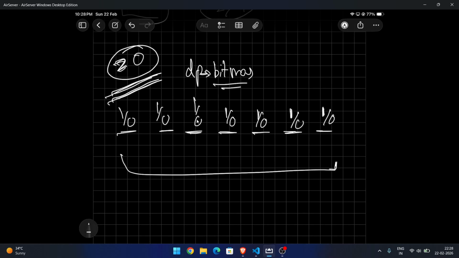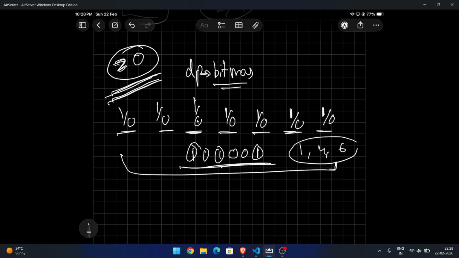This would give us a binary number for every configuration. If you want to take the first, fourth, and sixth people, then the position would be this. So to show that we have taken 1, 4, and 6, we are using this bitmask. What is this called?